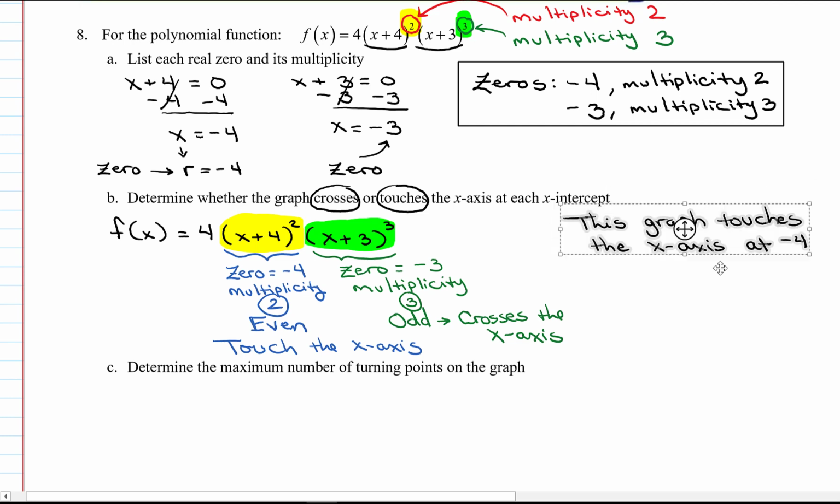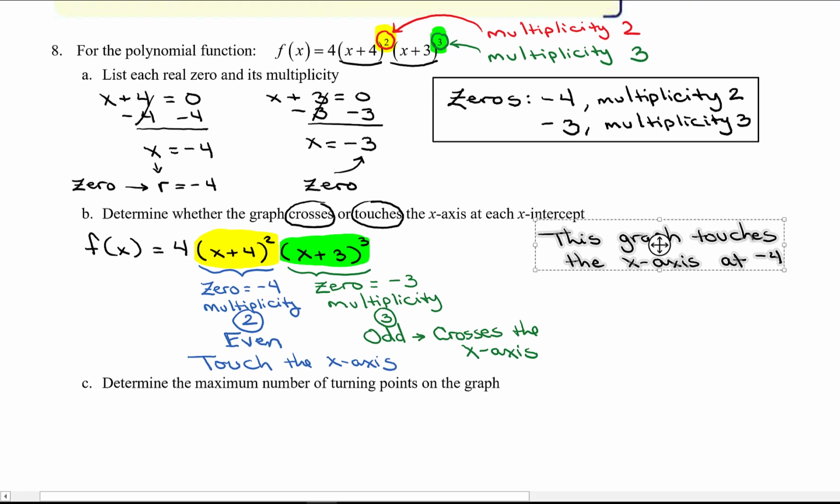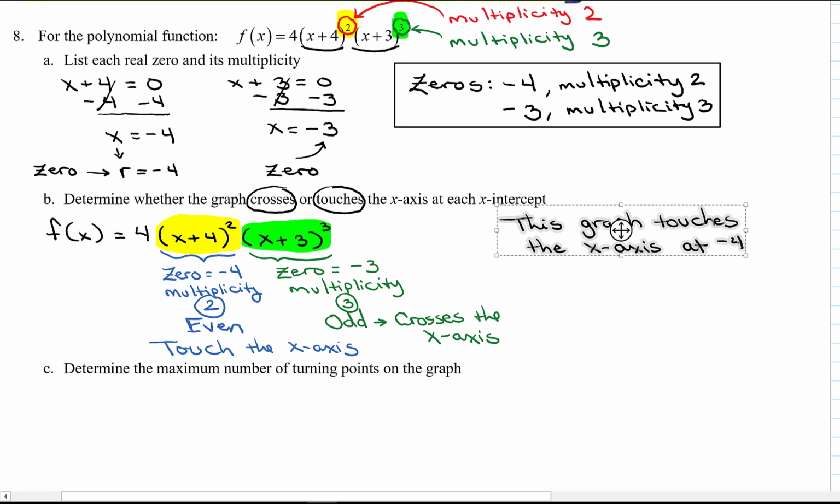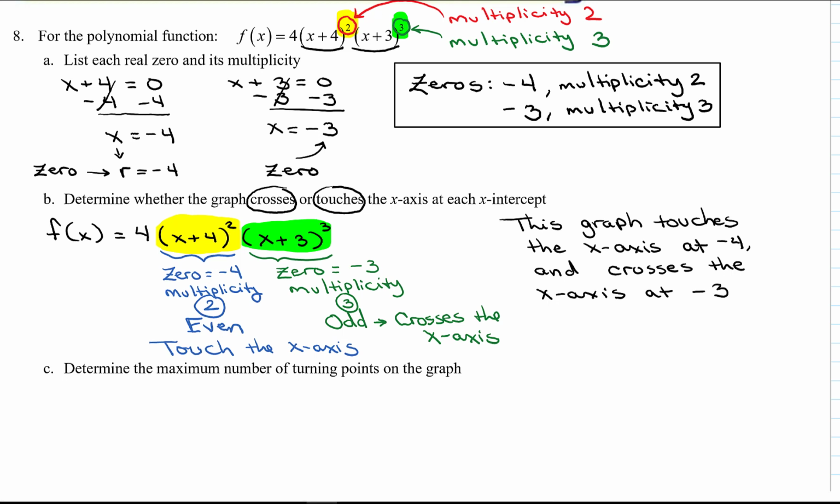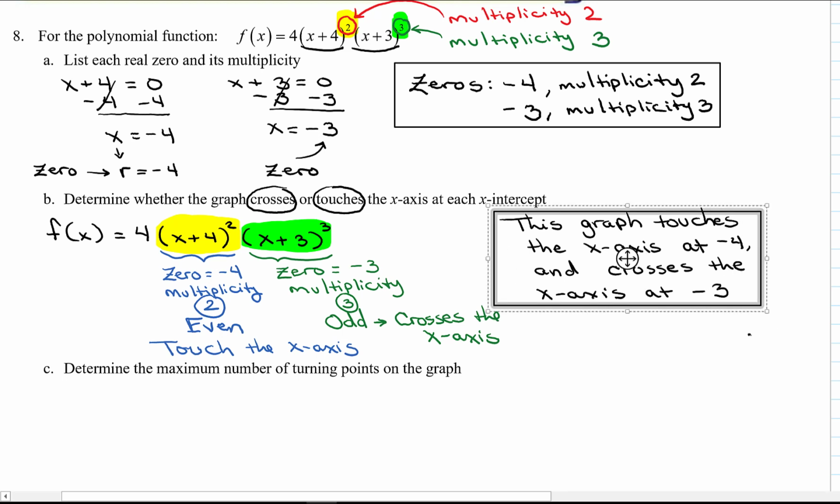Let me scoot this over so I have enough space there. So this graph touches the x-axis at negative 4 and crosses the x-axis at negative 3. All right, let's go ahead and box that in as our final answer.